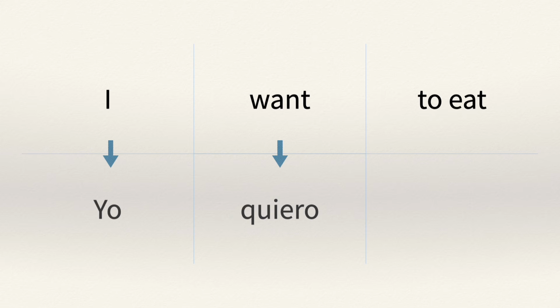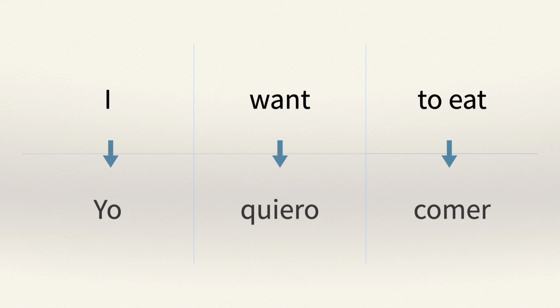In Spanish, those are the verbs that end in ER, IR, or AR. In this case, it's comer. Yo quiero comer. Unlike in English where we add to before the verb to make it infinitive, in Spanish, it's just the unconjugated verb. So I want to eat becomes yo quiero comer. Say it. Yo quiero comer.